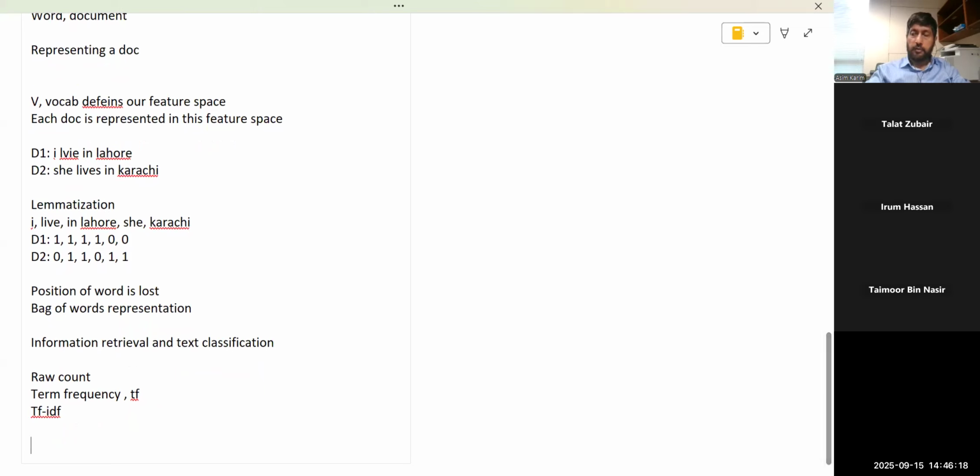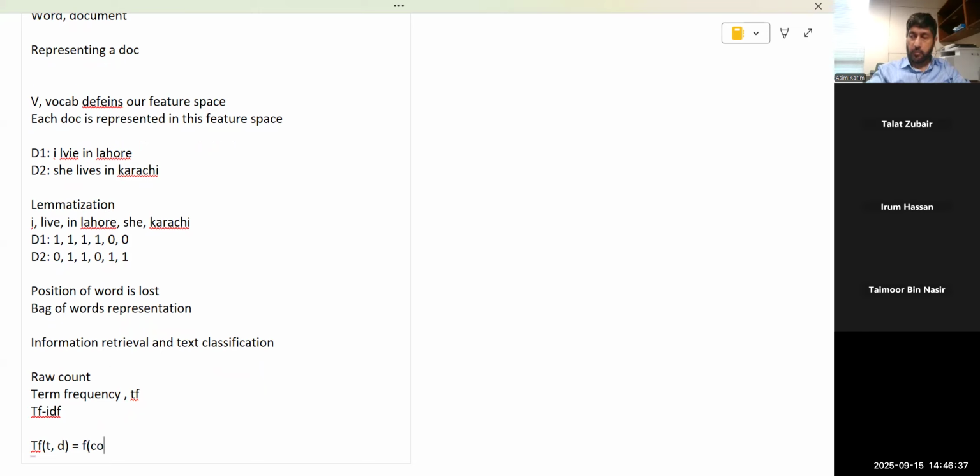So the term frequency, TF of a term t in a document D, is basically a function of the counts of the words in it.